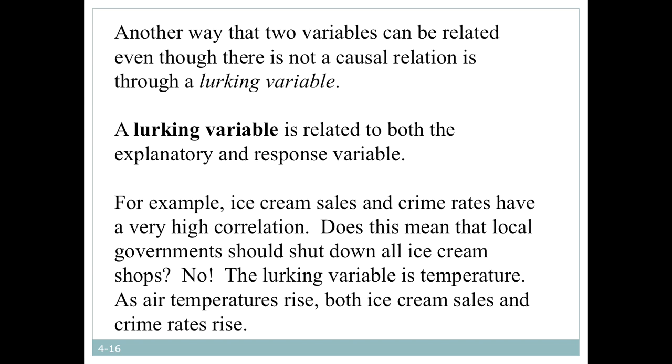It doesn't mean that local governments should shut down ice cream shops, because ice cream sales are not causing crime rates to increase. But in this case, if you're thinking about seasons, the lurking variable is temperature. As air temperature rises, ice cream sales and crime rates both rise, okay?